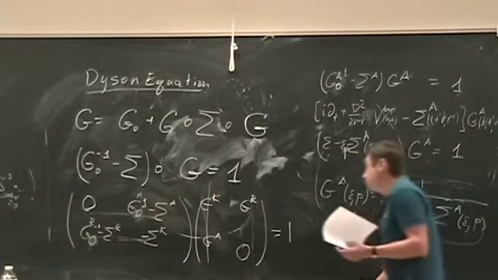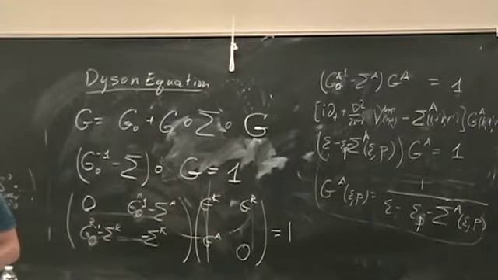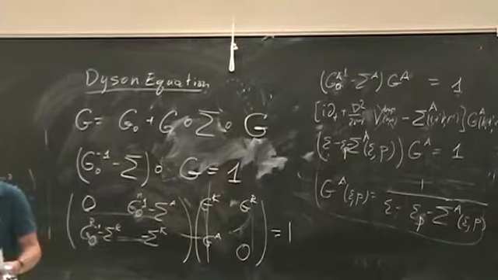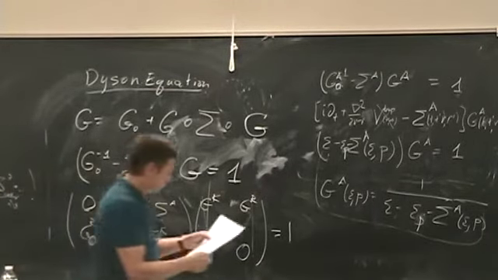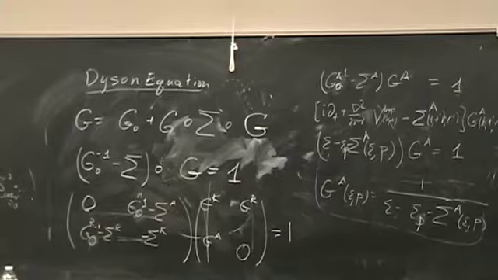So first of all, it should be zero on the right-hand side: G naught retarded to the minus 1 minus sigma retarded acting on G Keldysh, minus sigma K G advanced is equal to 0.